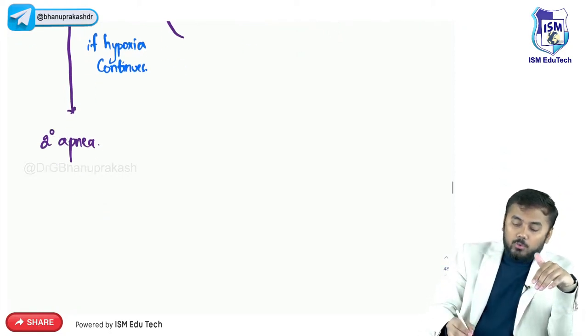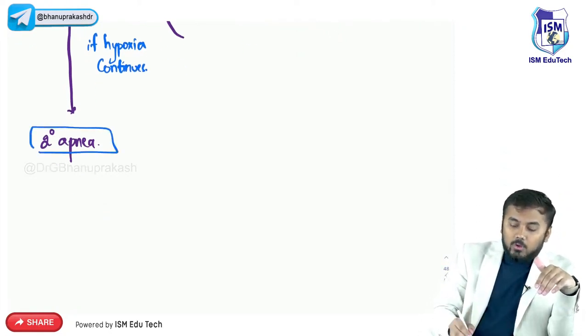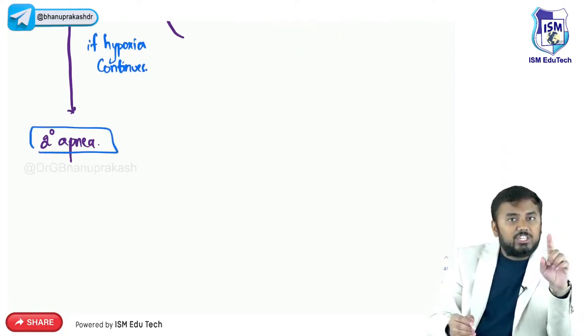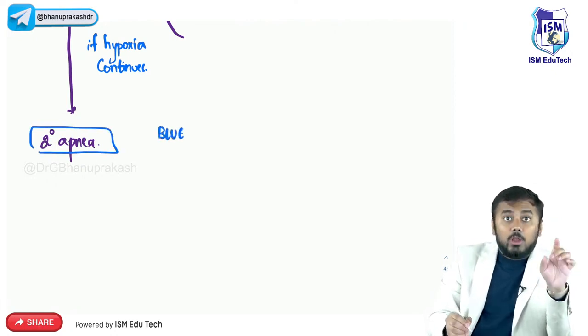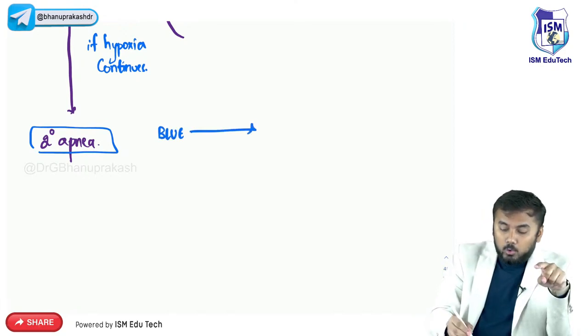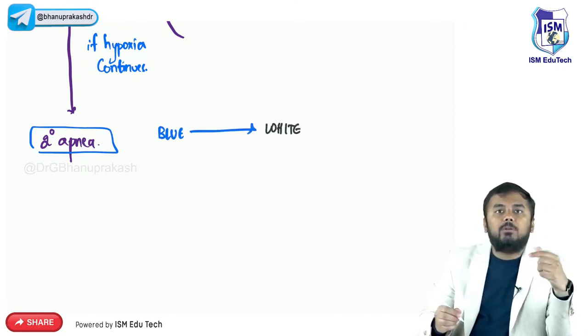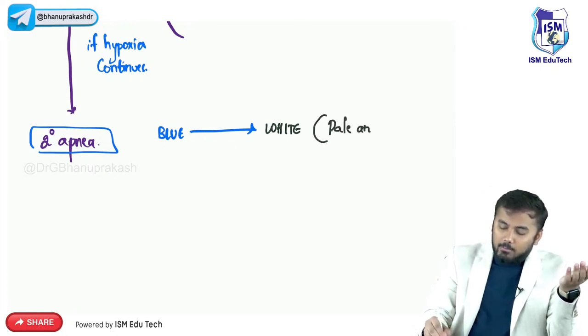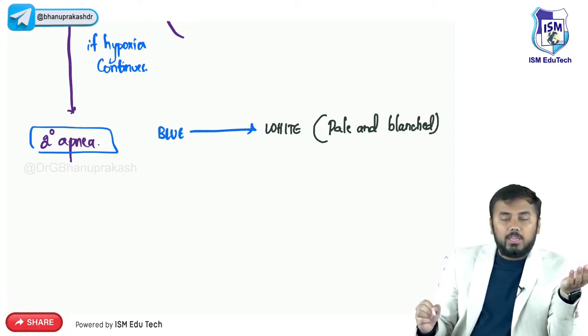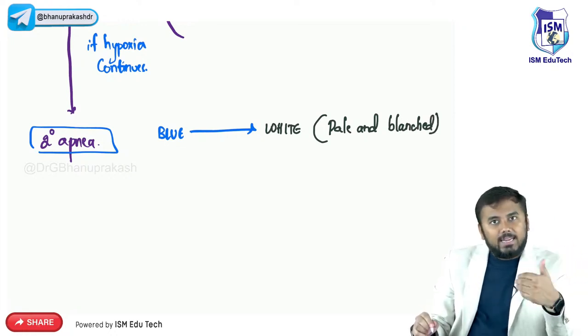So what will happen in secondary apnea? Initially the baby color was blue. Now in secondary apnea, blue will change to white. White means the baby will be pale and blanched. So when you see a pale and blanched baby, this is a sign of secondary apnea.